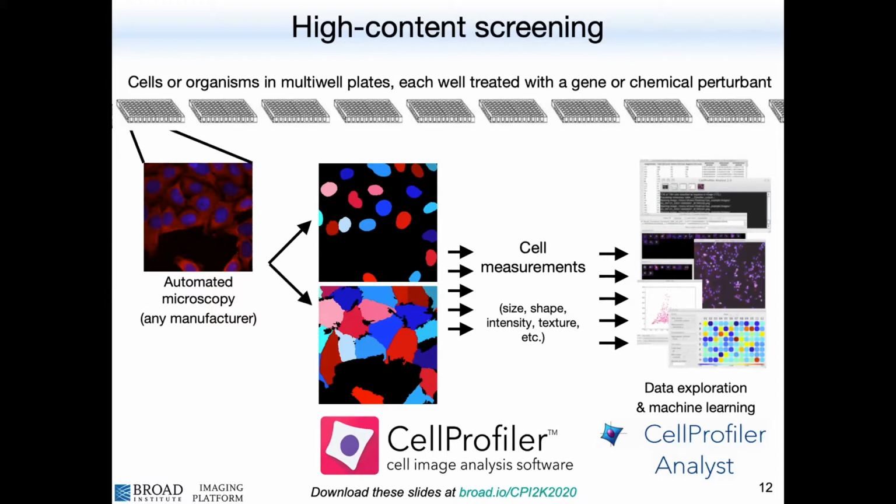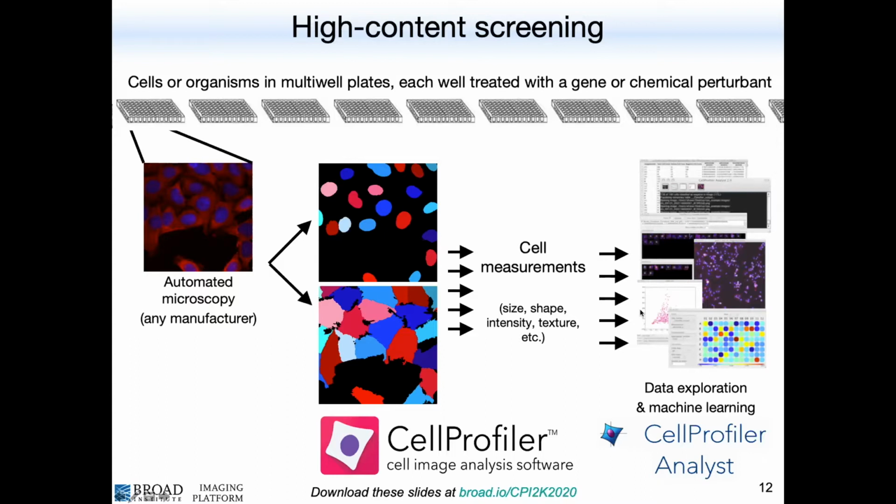For example, CellProfiler-Analyst has this very nice plate view, and you can look at the whole plate at once. We can see if a feature of interest is up or down in certain wells, or we can look at scatter plots and, for example, see which wells are outliers.